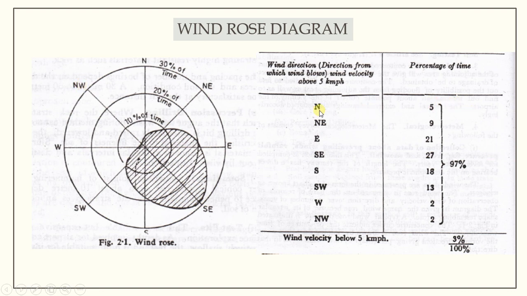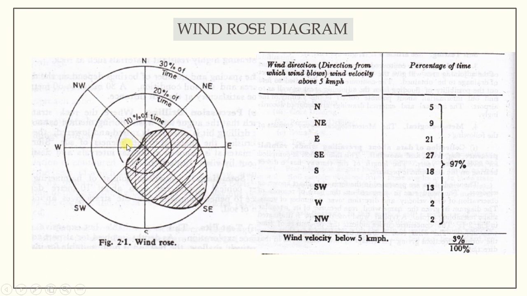So in the direction of the north, the wind velocity more than 5 km per hour was 5%. So let us go to north and put the point here somewhere. Because this is 10%, half of this, it's almost coming, it's 5%. Like this for each and every direction.